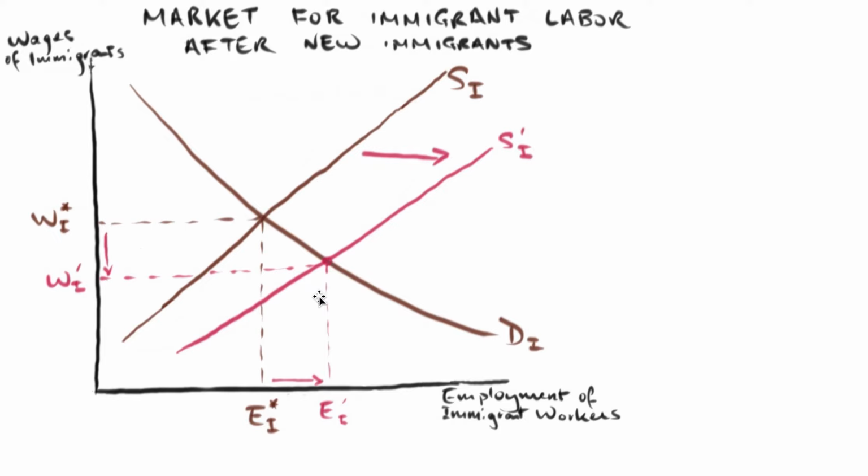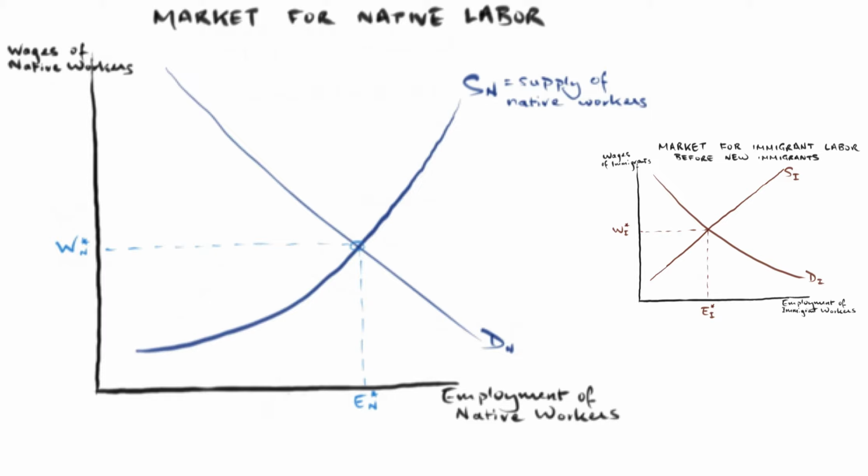Okay, now, what about the market for native workers? I think this is an interesting application of the idea of prices of related goods. Remember when we talked about demand, we said that one factor that would shift a demand curve around would be prices of related goods.